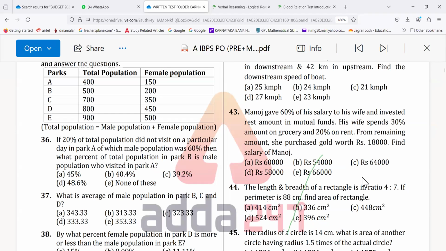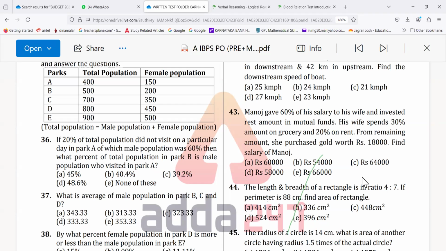Manoj gave 60% of his salary to his wife and invested the rest of the amount in mutual funds. His wife spends 30% of the amount on grocery and 20% on rent. From the remaining amount, she purchased gold worth rupees 18,000. Find the salary of Manoj.